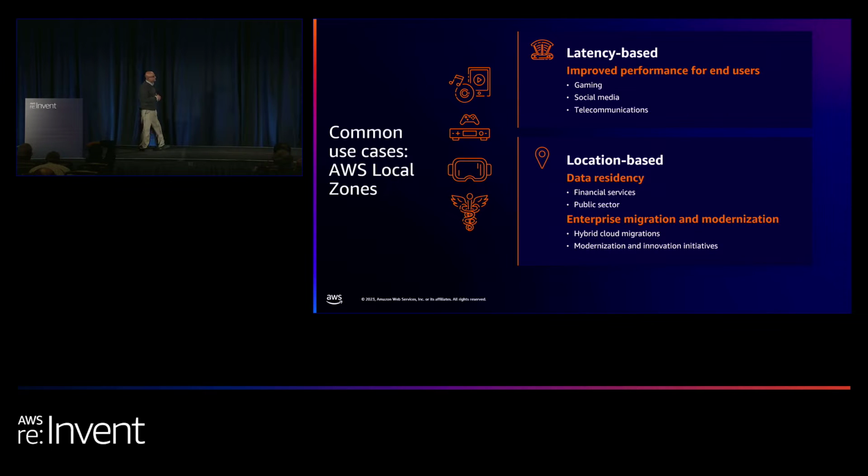Another example is social media, where you might take your social media app, and depending on where your users reside, certain parts of the app can be in certain metros on a local zone hosted, right, which is close to your centers.